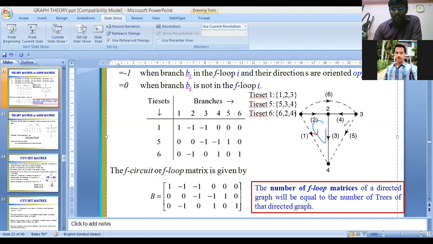Now consider the second loop. The loop is like this, and the direction of this loop current is similar to the link, the fifth one.